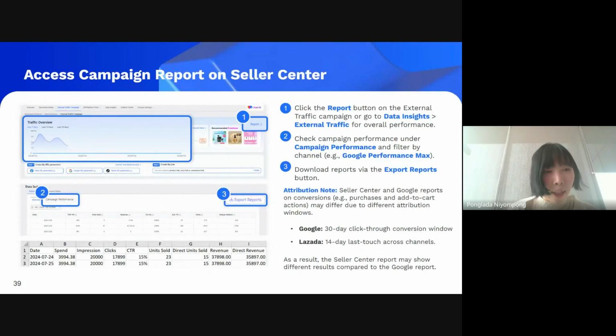For Google, the default attribution is 30-day click-through conversion, while in Lazada, the default attribution is 14-day last touch attribution across channels. Because of these different attributions, the report may not match exactly in terms of conversion data, so we recommend you monitor both for better optimization.